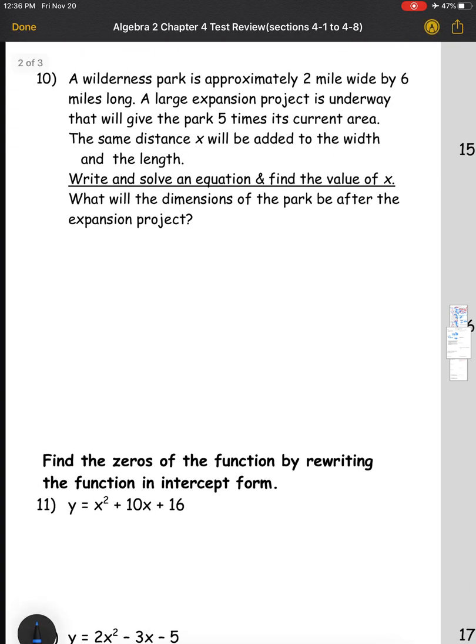All right, and number 10 is pretty popular here. We have this wilderness park. Don't be afraid to actually draw it. It's approximately 2 miles wide by 6 miles long, and a project is underway to make it 5 times as big.